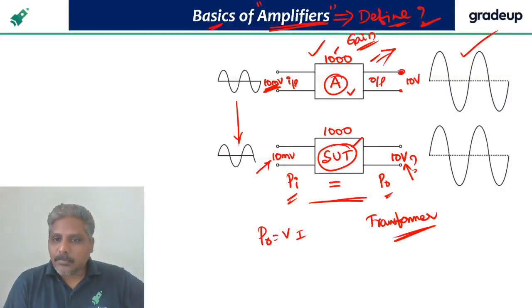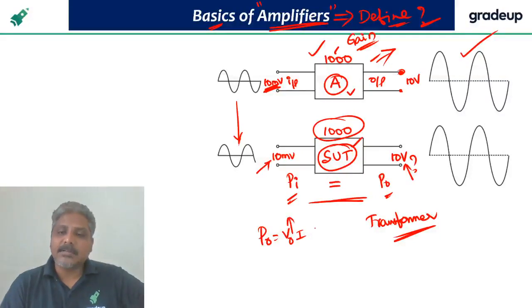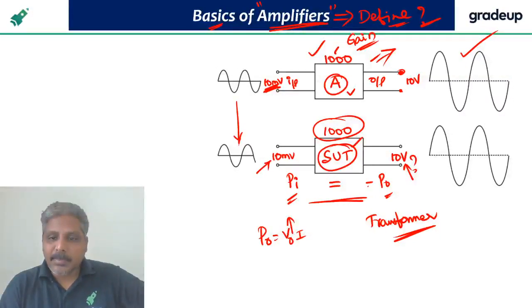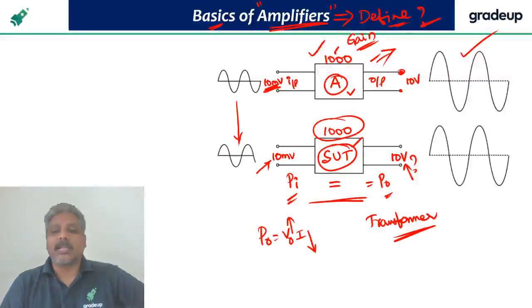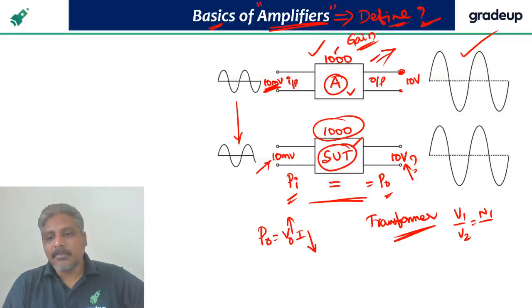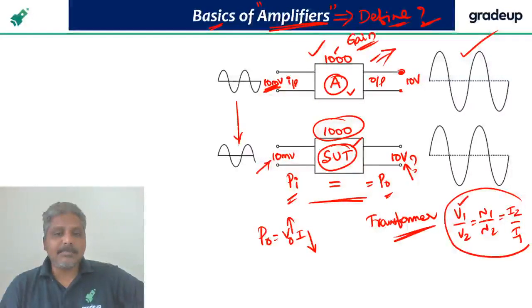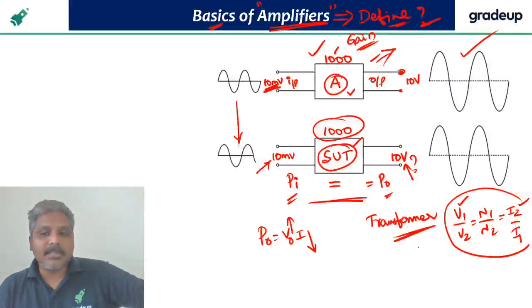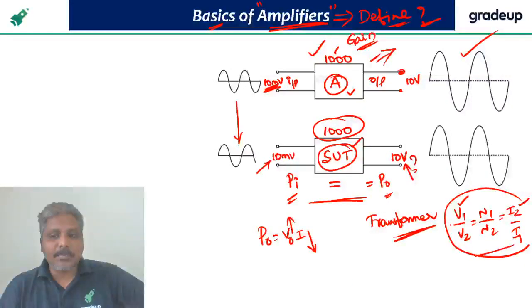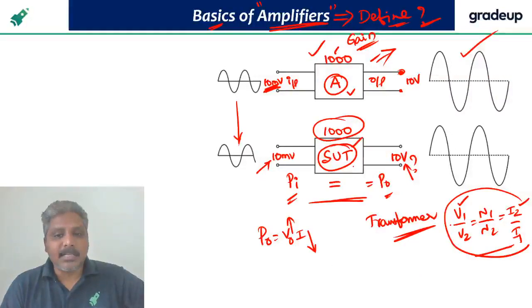At the output, the voltage is increased 1000 times. How can power remain the same as input? In a transformer, current decreases by 1000 times. That's what we know: V1/V2 = N1/N2 = I2/I1. This is called the transformer equation. If voltage increases by 1000 times, current decreases by 1000 times. You see, voltage and current are inversely proportional. That's what happens in a transformer.